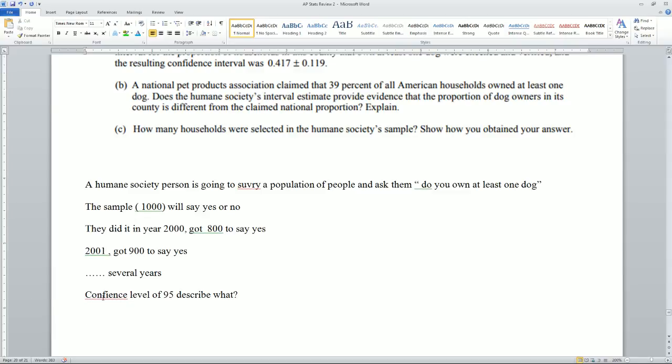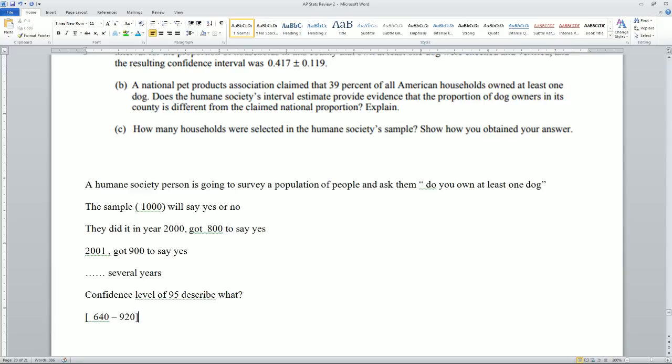What do you think? I'm giving you better context so you can answer it better. I can even give you the confidence interval here. I'm just making up some numbers: 640 to 920.